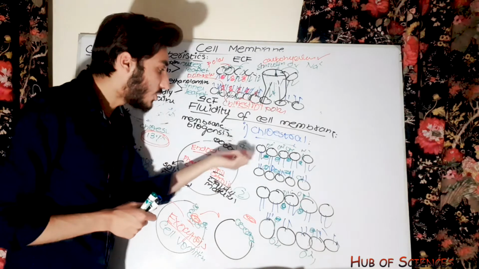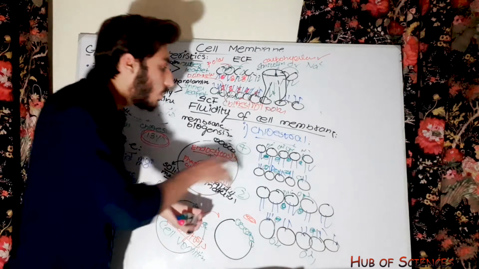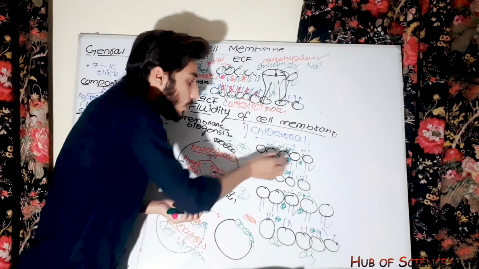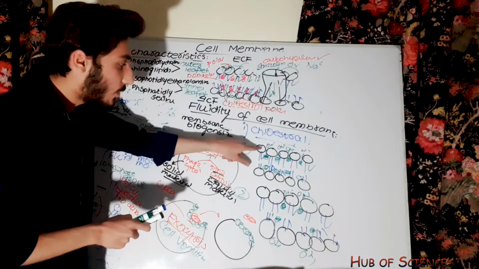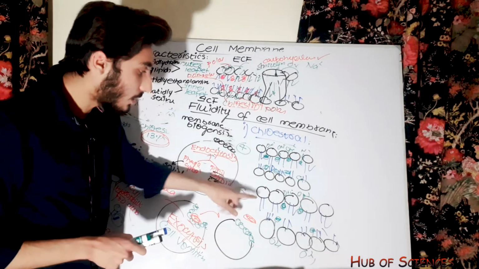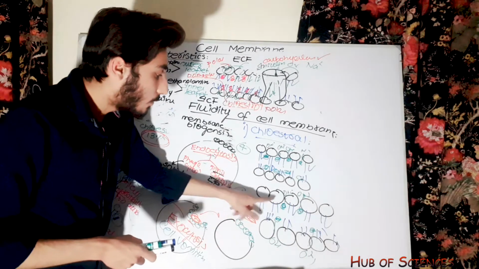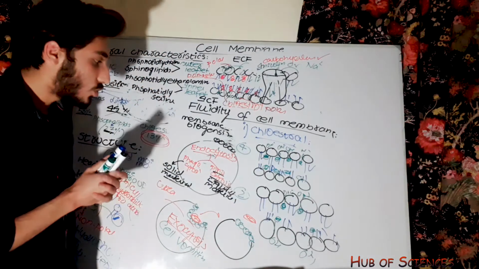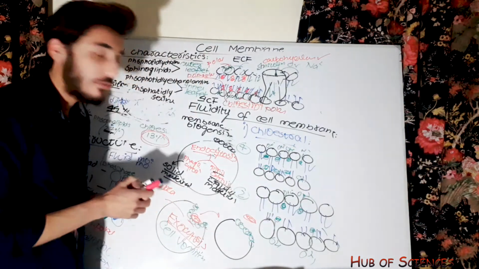So in the upper region, the fluidity will be lower. Why? Because the phospholipid molecules will have less room to spread, so the fluidity decreases. While in the lower region, the cholesterol molecules are not present consecutively; they are present one after another or two after another, so the head and the tail have freedom to move.